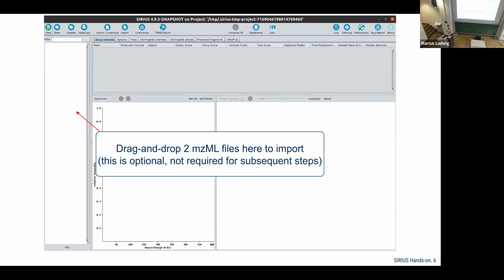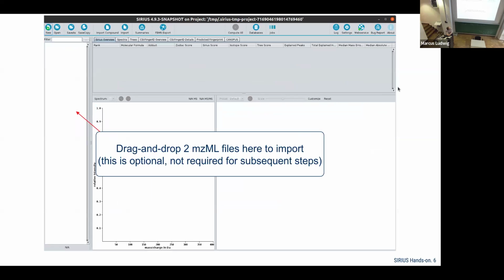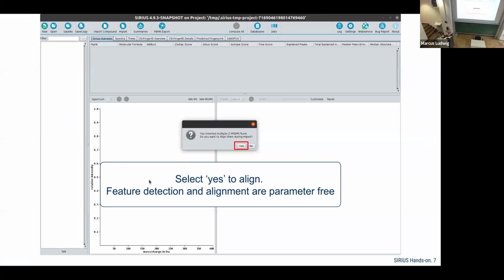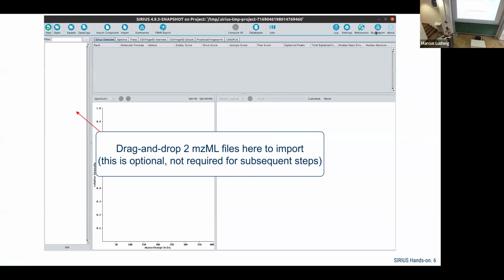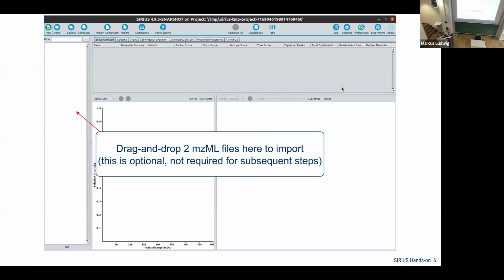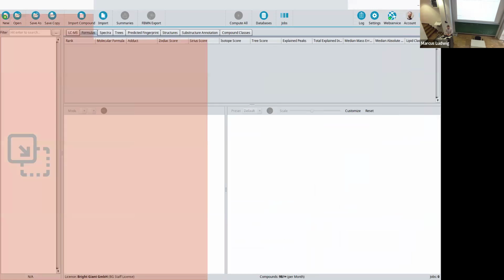Now, I would say it's optional, but if you have an MGF file or mzML file lying around, I need to move this on my computer so that I know what I'm doing. Then you can basically just try to start your first analysis by using one or two of these mzML files.